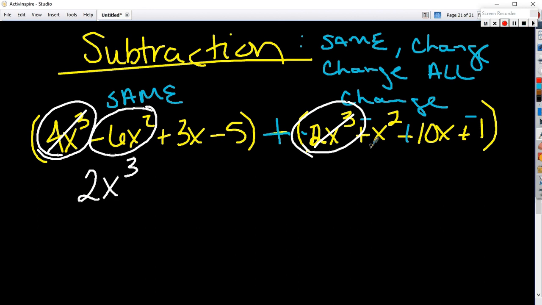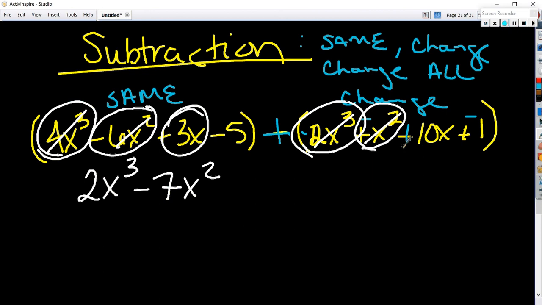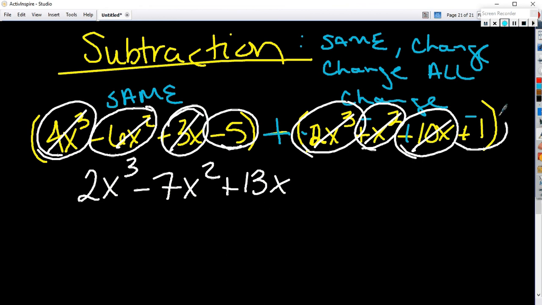Negative 6x squared and negative x squared is negative 6. Done. 3x and 10x, 13x. And negative 5 and negative 1, negative 6.